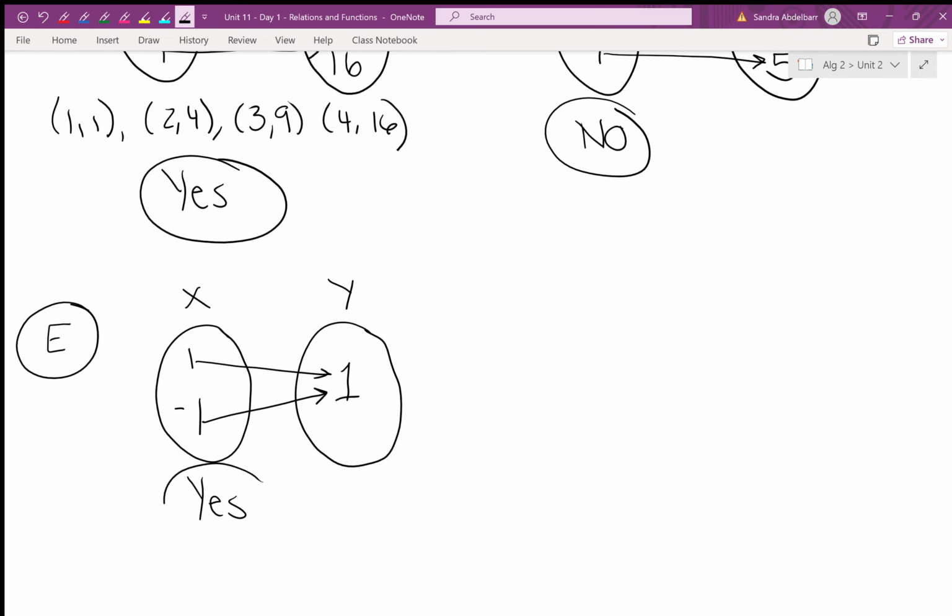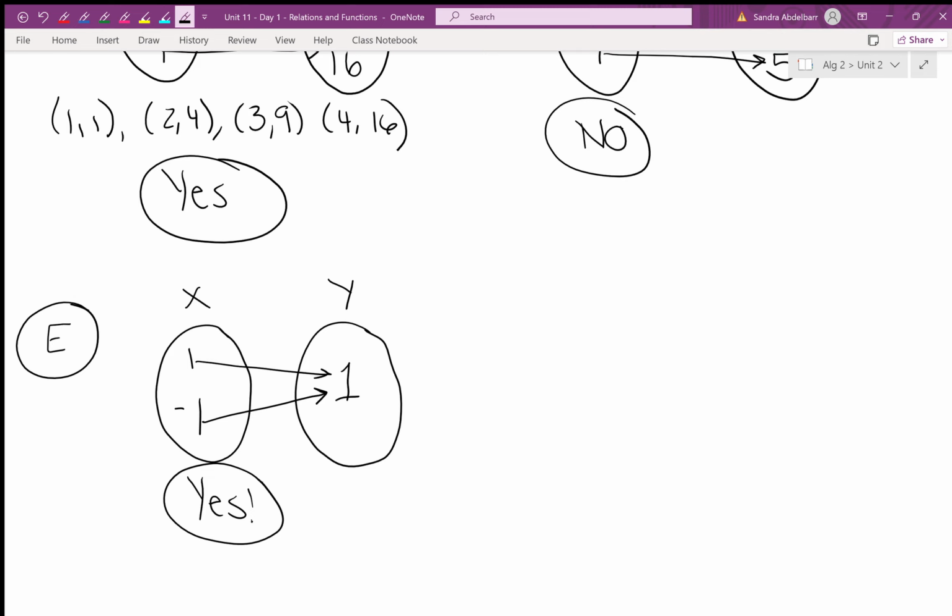I still remember when I was in high school and my teacher said to us, it's the idea of people and birthdays. Every single person can only have 1 date of birth, right? I can't be born on multiple days. So I could only have 1 date of birth, but multiple people can have the same birthday. That's the idea of function versus not a function, okay?